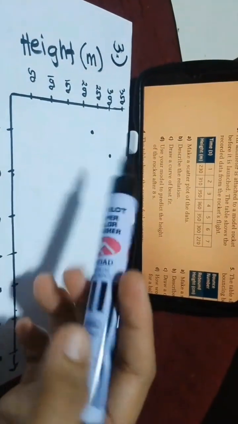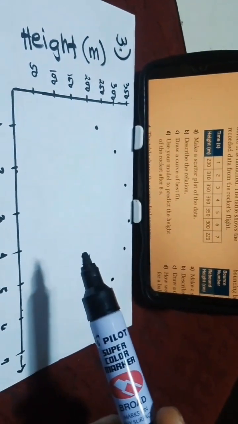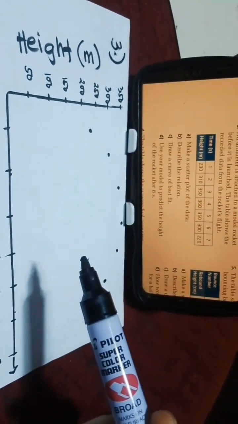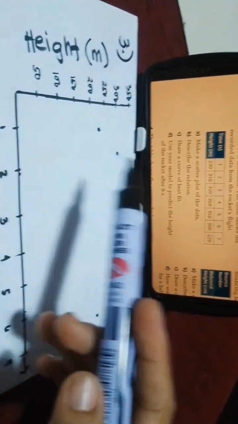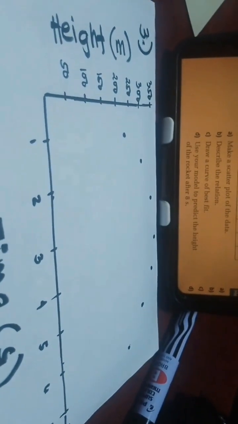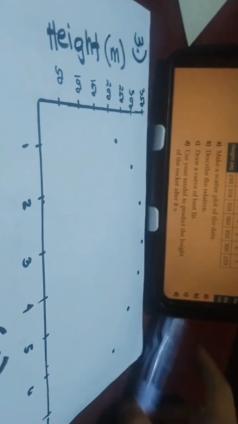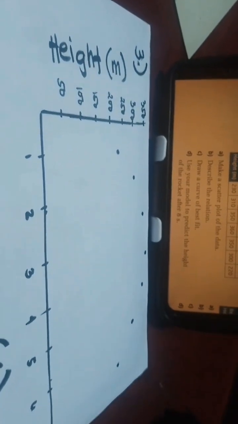We are done making the scatter plot of the data, so our A is already checked.